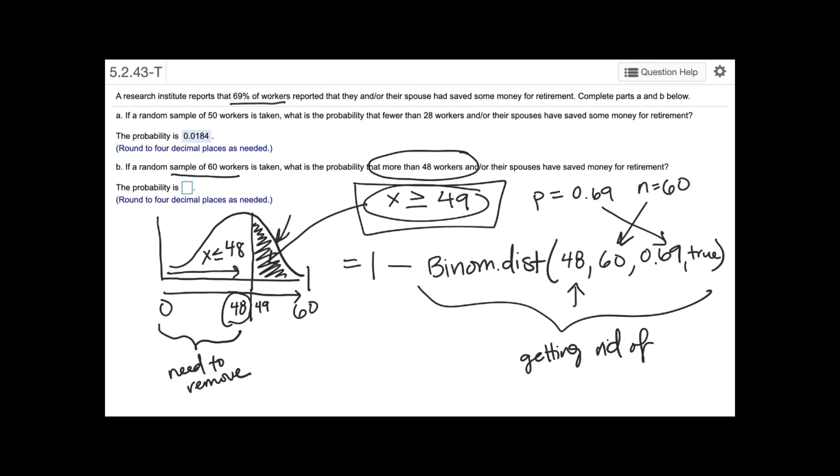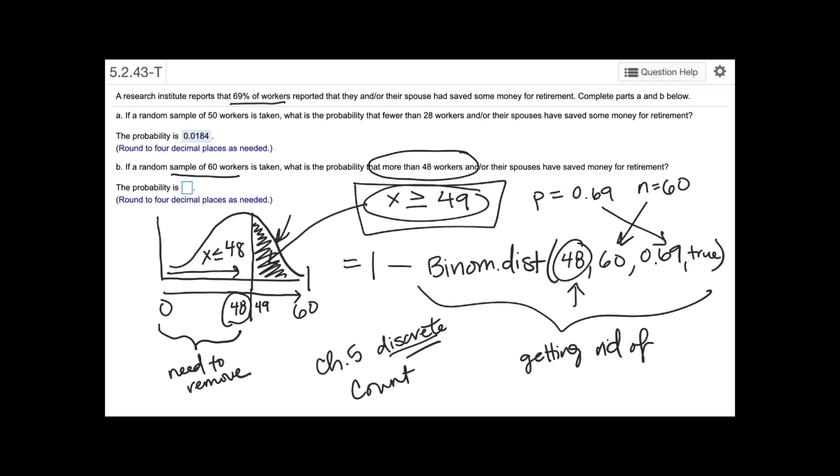And we have to do this with our x values because in chapter 5, we are working with discrete random variables. That means it's things that we can count. In this problem, we are counting workers. I'm counting 49 and up workers that I'm interested in that save money for retirement.